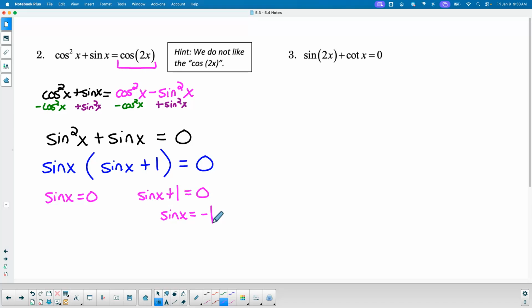Okay, where on the unit circle, first lap, is sine equal to 0? 0 and pi. Where first lap is sine equal to negative 1? 3 pi over 2.